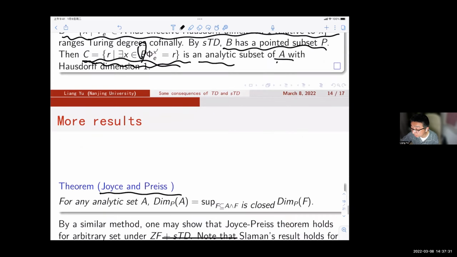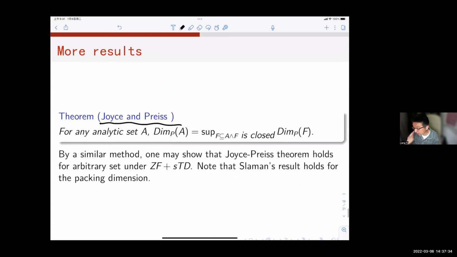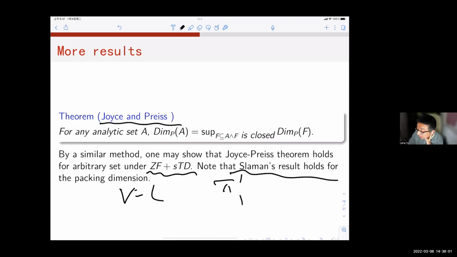So we can use a similar argument to prove that, over CF plus sTD, JP's result also holds for arbitrary sets. And Solovay's result also holds for packing dimension. So they fail, assuming V equals L. JP's result fails for Pi-one-one sets, but under CF plus sTD, JP's result holds for arbitrary sets.